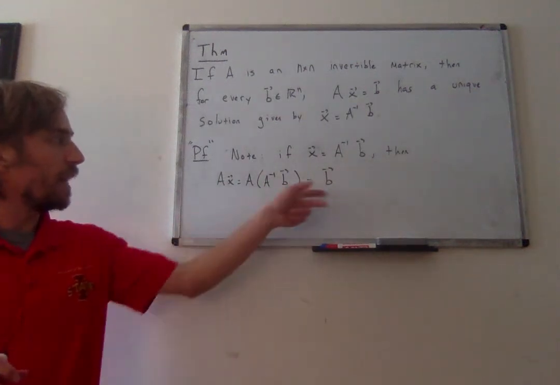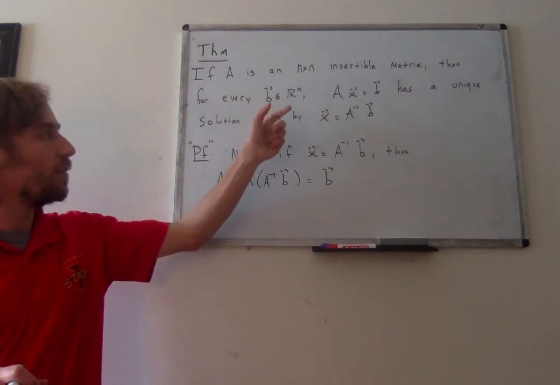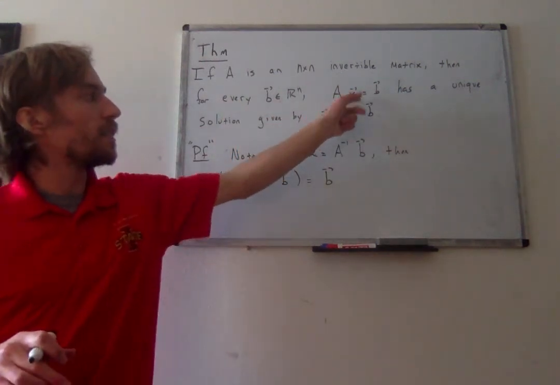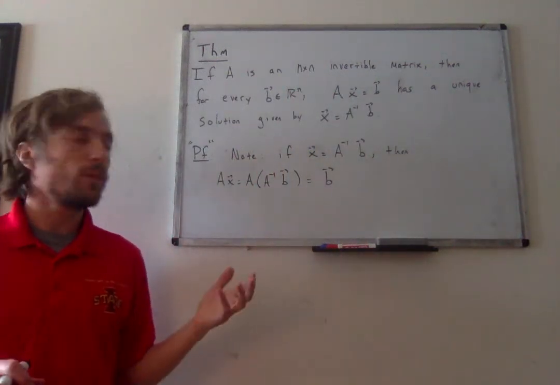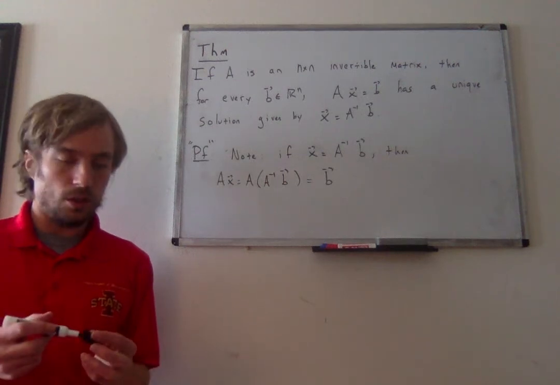And so the fact that we get this relationship means that we always have a solution, and the fact that if a solution exists, I can always just multiply both sides of the matrix by A inverse implies that, in fact, this is a unique solution.